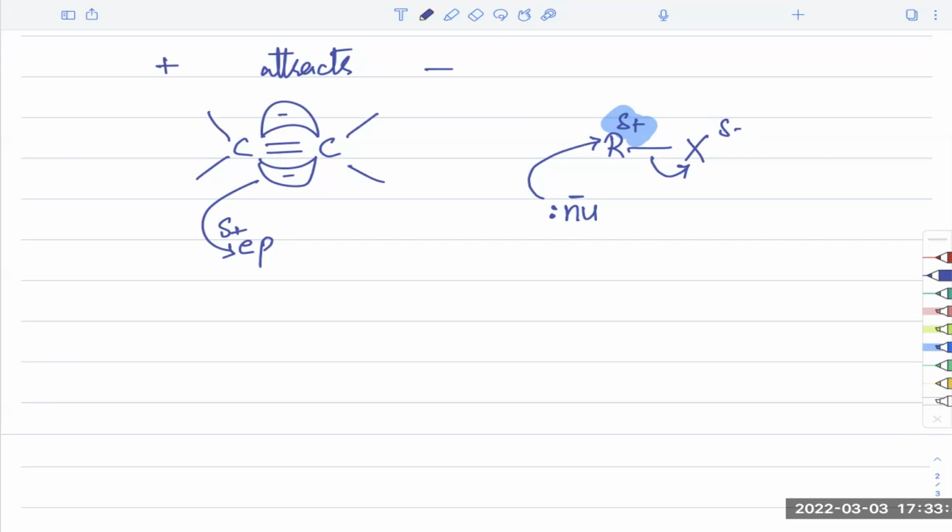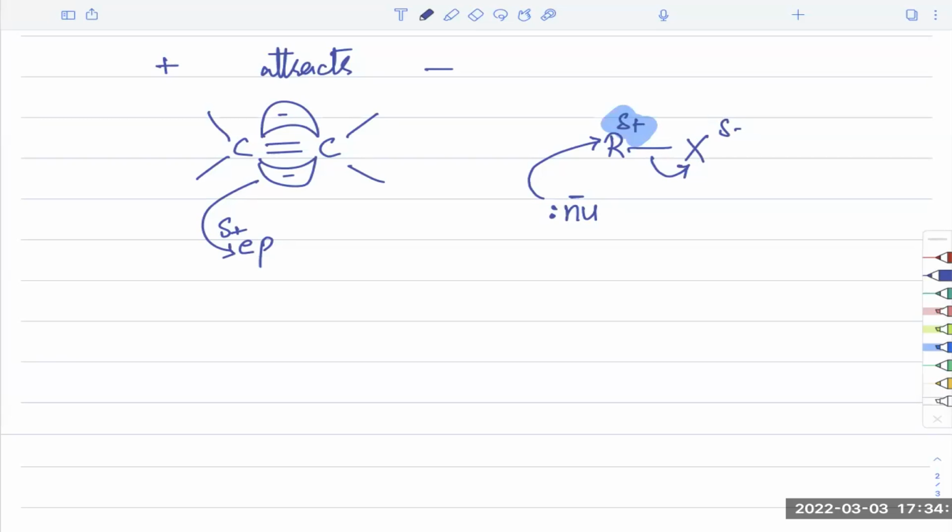A negative charge looks at positive, attacks it. In alkenes, the negative was inside the alkene. In haloalkanes, it's the positive that's inside. It's the negative thing that's going to come and attack this haloalkane. So any nucleophile with a negative charge will attack the positive charge inside the haloalkane. If you're clear on that, that negative attacks positive every single time.